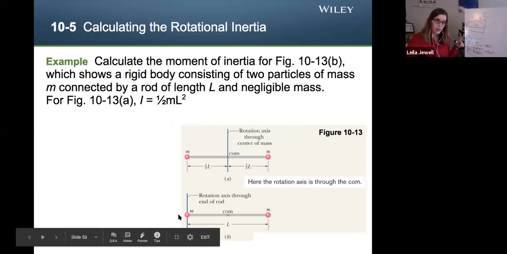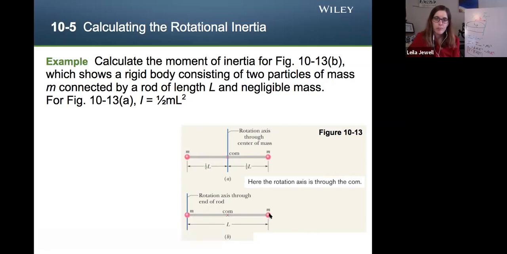The other approach, equally valid, is to say that these are just two masses that are rotating. There isn't a set rigid body here. And so we can just look at how much mass each of these contributes and how far it is from the center. So that's using I is equal to the summation of m r squared. So let's take a look at those two solutions.